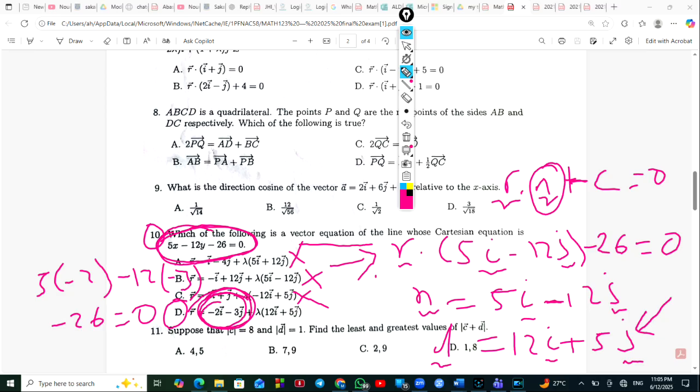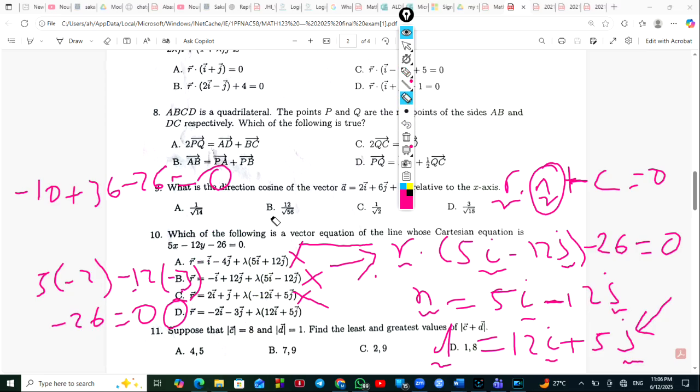So 5 multiplying negative 2 is minus 10, negative 12 multiplying negative 3 is positive 36, minus 26, and this is 0. This brings us to the answer to question 10, which is D, because this is objectives.